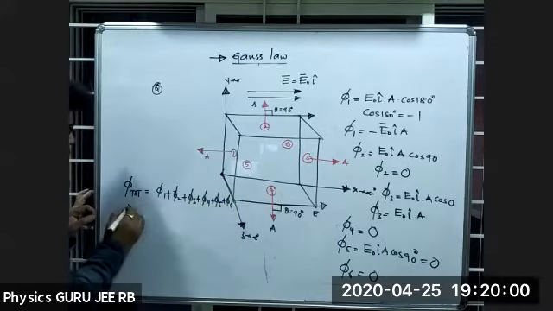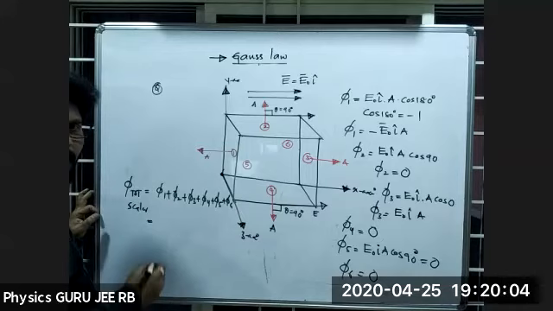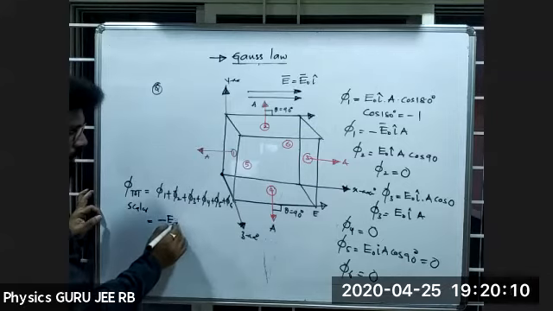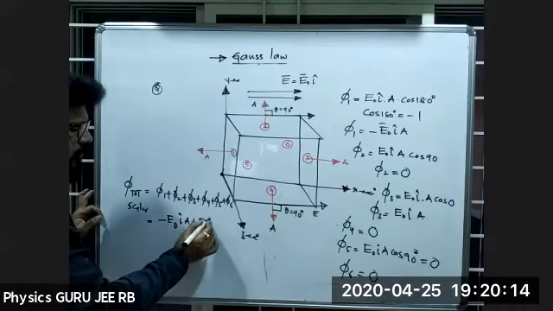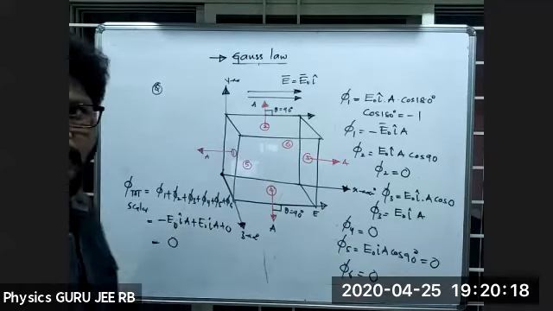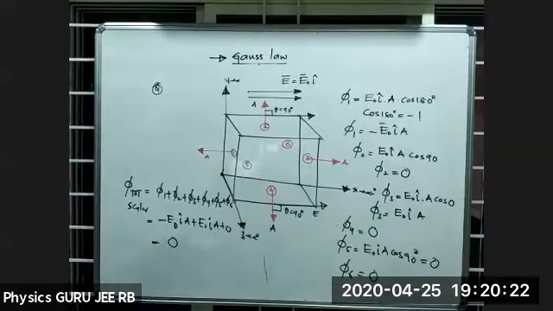As it is a scalar quantity, simply you can add them. Then what I'll be getting is minus E naught I cap into A plus E naught I cap into A. Remaining all are 0. So the flux linked with the closed surface is 0.